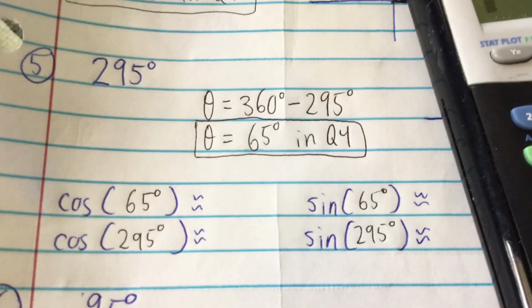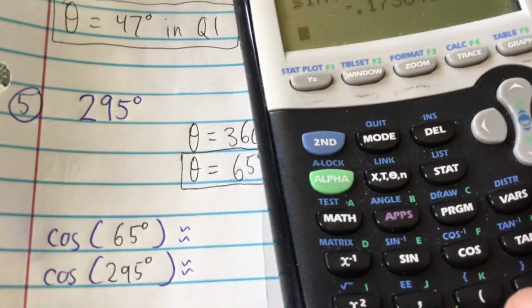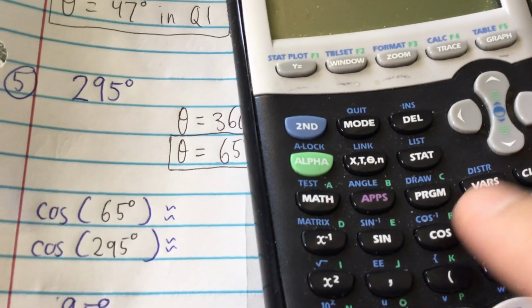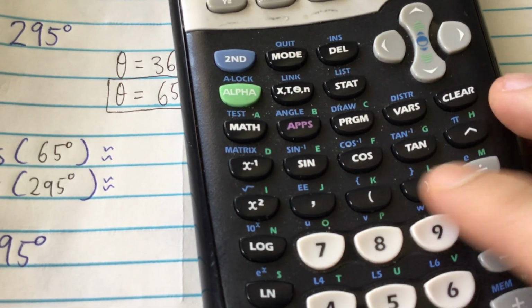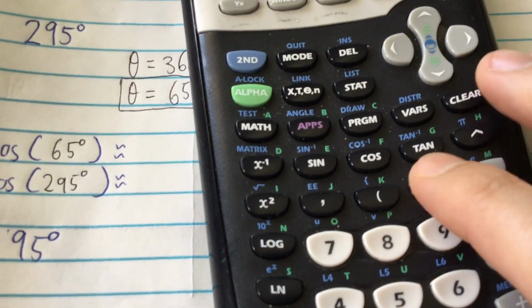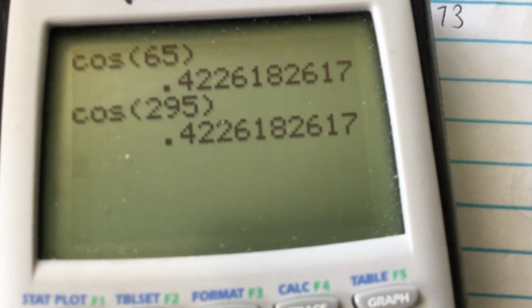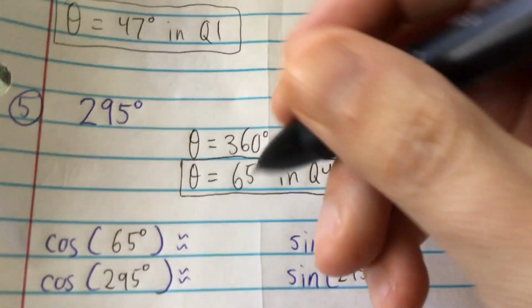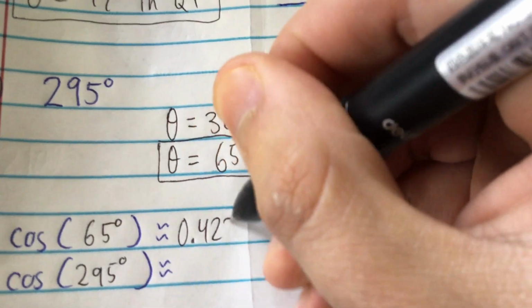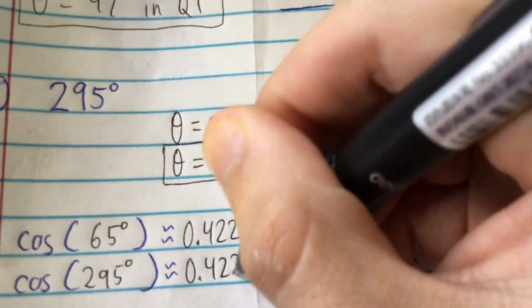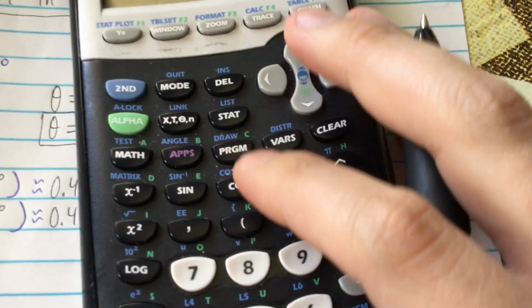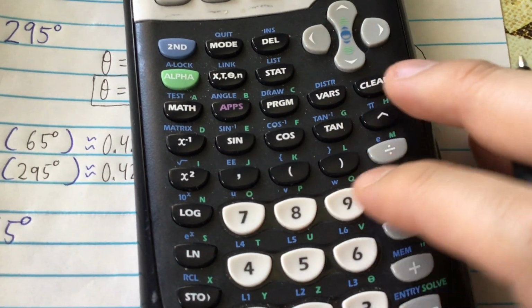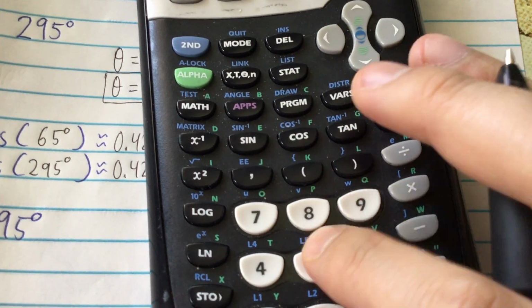So I'm going to do the cosine of 65 and the cosine of 295, and compare both of them. They're both 0.422. Now I'm going to compare the sine of 65 degrees and the sine of 295 degrees.